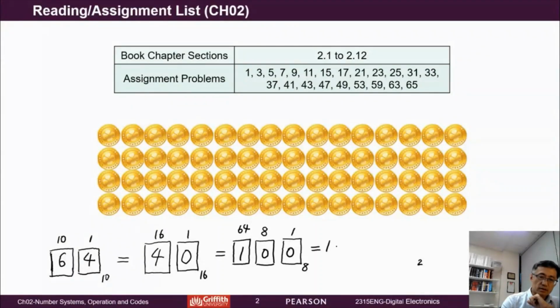I'll just write down the answer: 64 will be this, 1 followed by 6 zeros. Which means different base systems have different numbers, but we can represent the same quantity. So this is what we are going to learn today. I just wanted to give you some ideas. We don't have to use decimal. We can use different number systems to represent quantities.